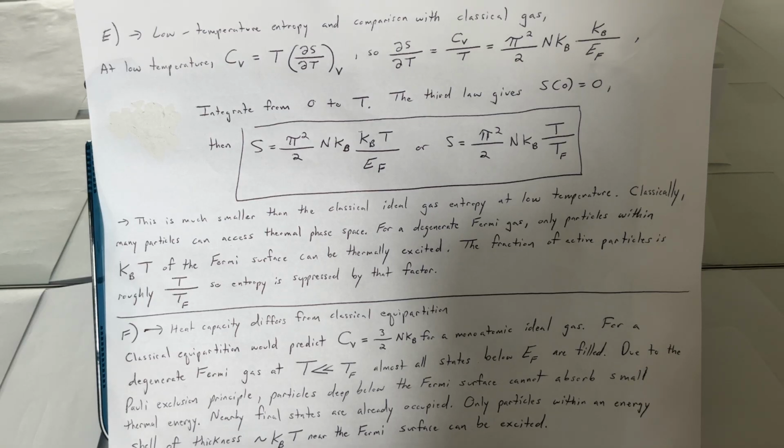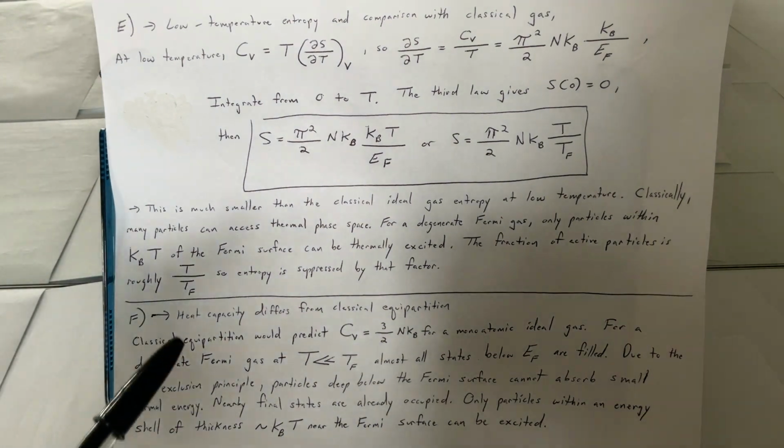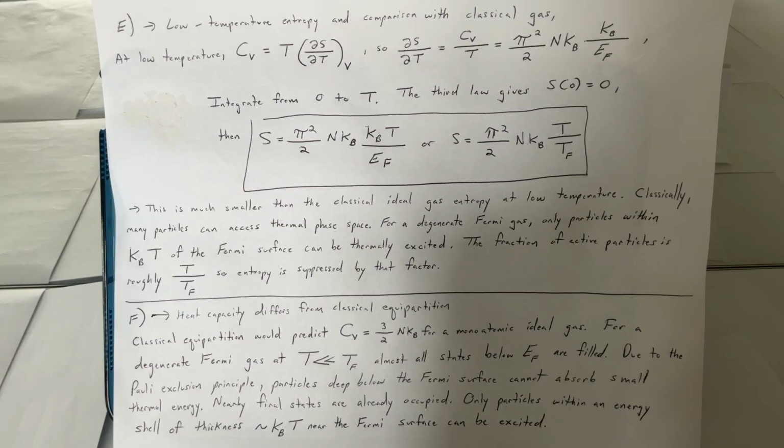And for part F, what they want us to do is explain physically why the heat capacity differs drastically from the classical equipartition prediction. Okay, so here's part F. Heat capacity differs from classical equipartition. Classical equipartition would predict C sub V equals (3/2) N k sub B for any monatomic ideal gas.